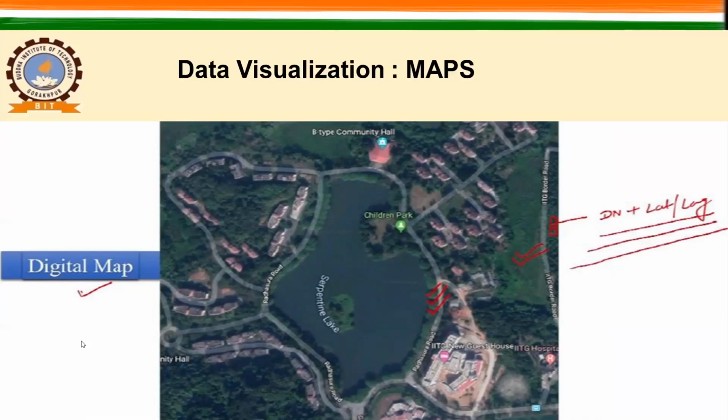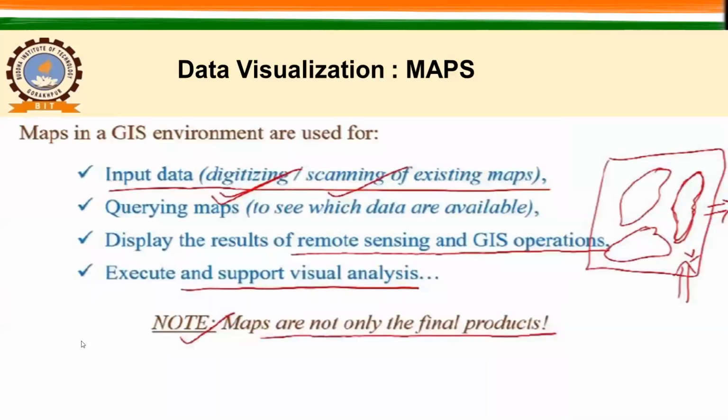So these three values will be there in your data. So that gives the strength to the GIS, where we always consider spatial data. Spatial data should have latitude, longitude, or some location values. Okay. So mapping GIS environments are used for digitizing, scanning of existing maps.